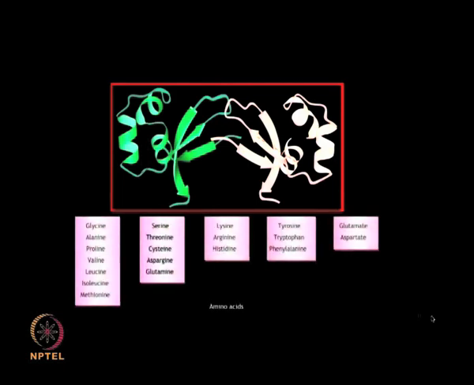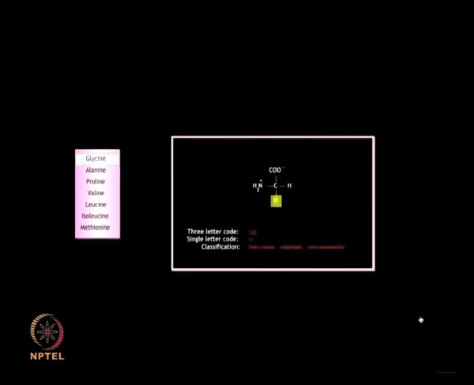Polarity of the side chain is one of the main bases for classification. Amino acids having nonpolar aliphatic side chains include glycine, alanine, proline, valine, leucine, isoleucine and methionine.